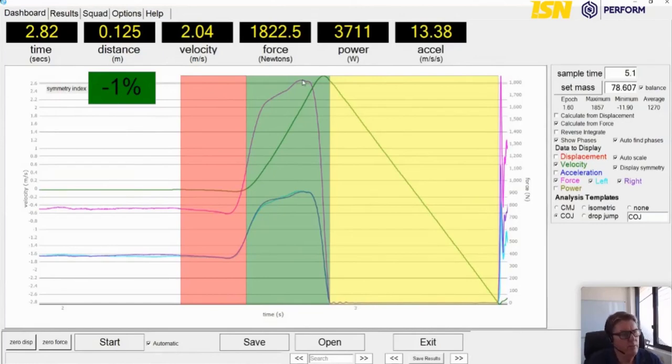Interestingly, some work done a few decades ago at the Australian Institute of Sport found, in elite rowers, measuring a whole range of performance qualities, that this measure was one of the most predictive of on-water rowing performance. If you think about rowing, there's not a great eccentric component to it.